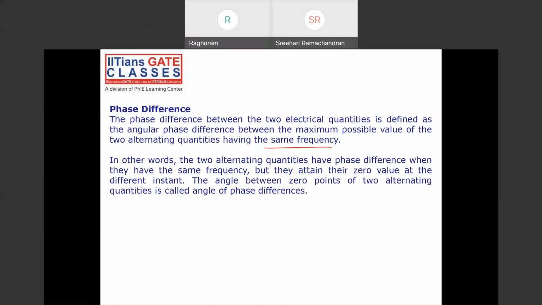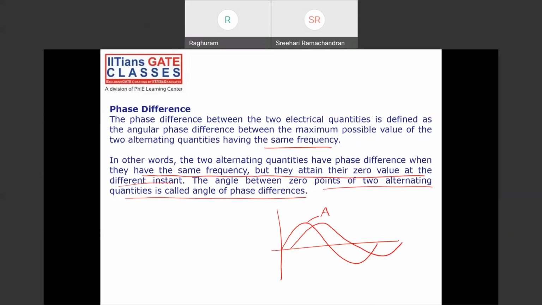In other words, two alternating quantities have a phase difference when they have the same frequency but attain their zero values at different instants. The angle between the zero points of two alternating quantities is called the phase difference. If this is A and there is one more at B, this angle is said to be phi.